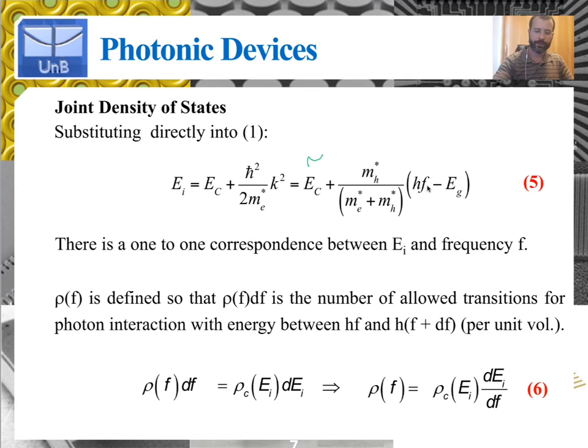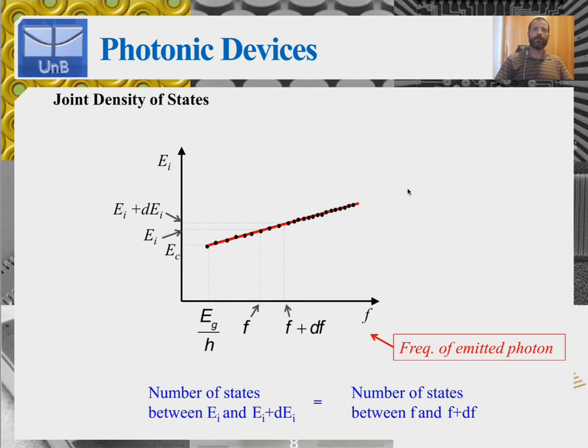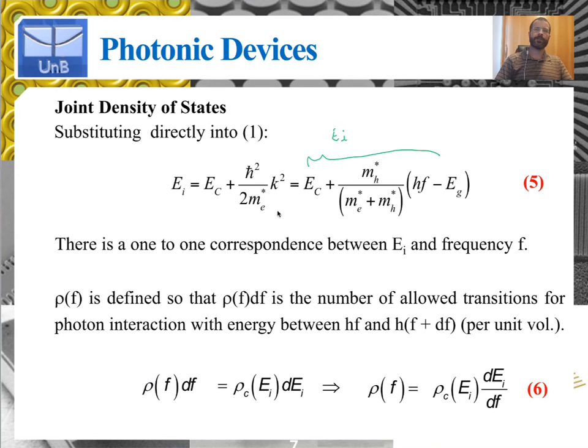So if this is equal to Ei and all of these are constants, the effective masses and Planck's constant, then this is the equation for a line, which we can plot right here. If we plot Ei as a function of frequency f, we get a straight line, because this is the expression for a straight line.